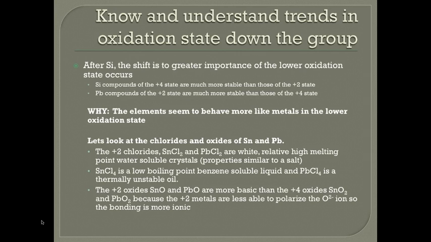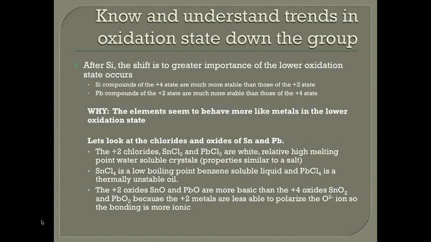Now let's talk a little bit about oxidation numbers. After silicon, the shift is to greater importance of the lower oxidation state. What does that mean? That means in silicon compounds, you're much more likely to have a +4 oxidation state than a +2.